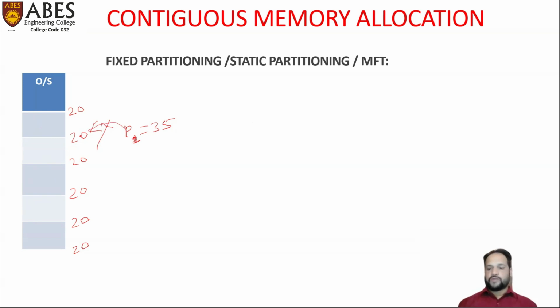That was the drawback of equal size partitioning. If a process comes and is greater than the size of the partition block, it cannot be placed into the main memory.